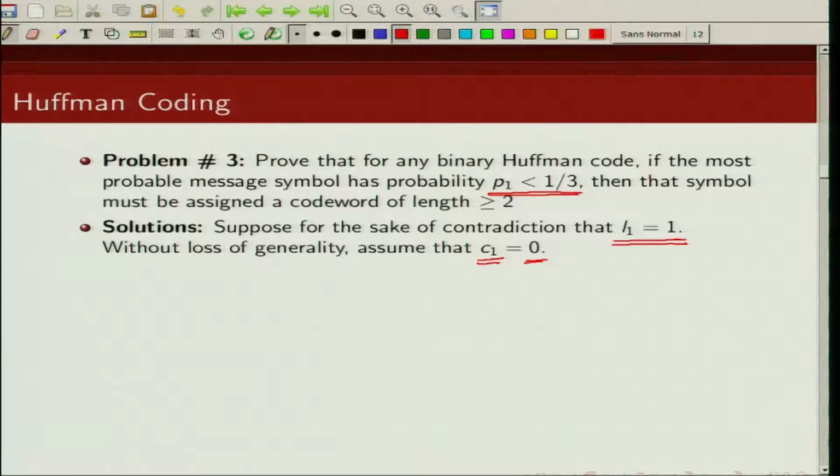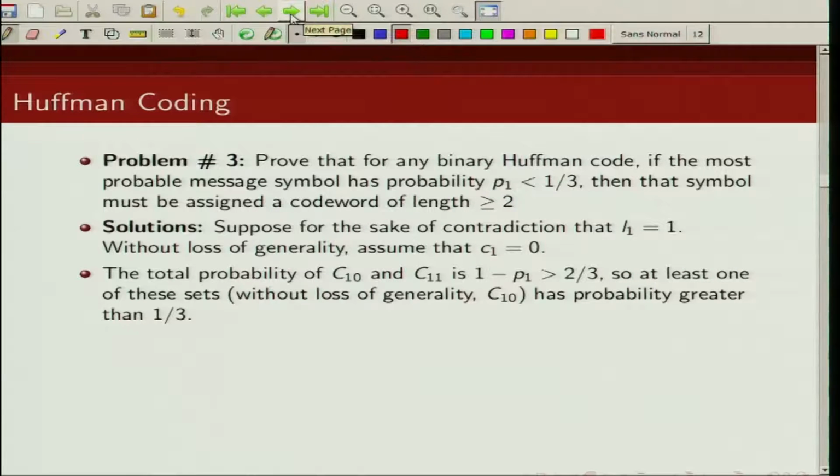So what we are seeing is a situation like this. We have a binary tree and this message symbol is assigned a code word C which is basically 0. That's what we are saying. And this has probability P1 which is less than 1 by 3.